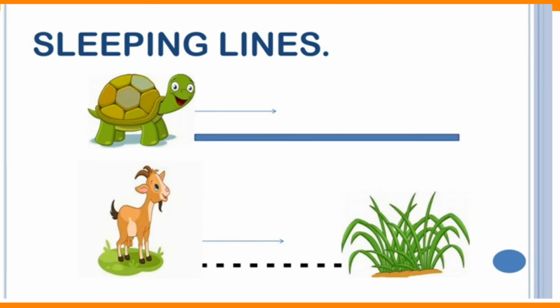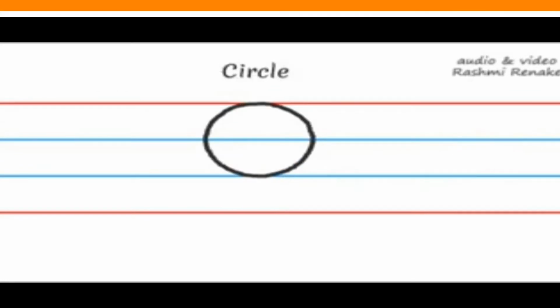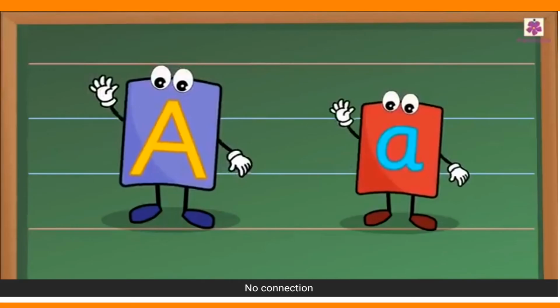So now we are going to start to write A to Z. All alphabets, we have 26 alphabets: A, B, C, D, E, F, G, H, I, J, K, L, M, N, O, P, Q, R, S, T, U, V, W, X, Y, Z. So we will first practice A, how we will write A. Okay, so let's do practice on A.